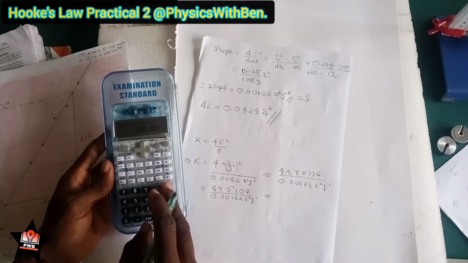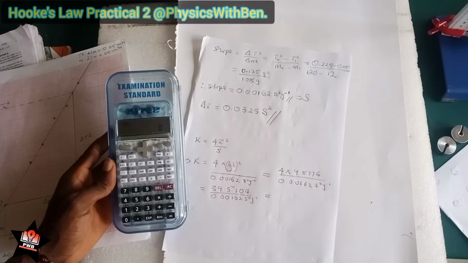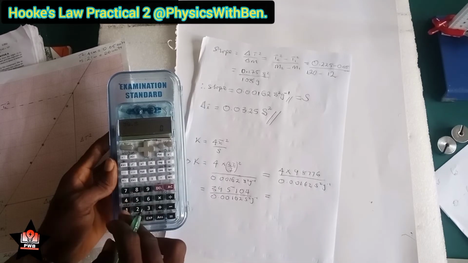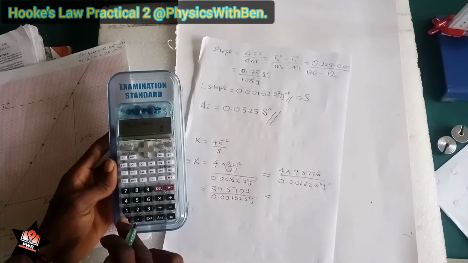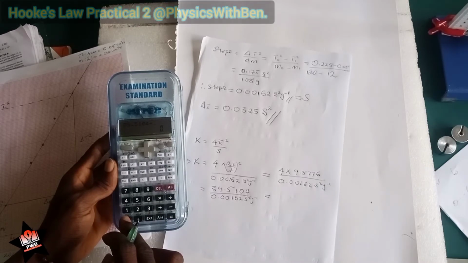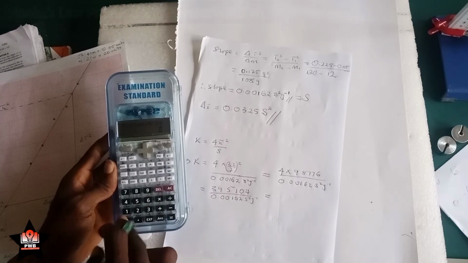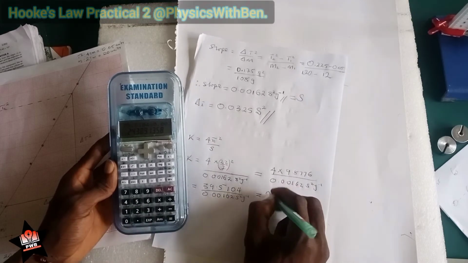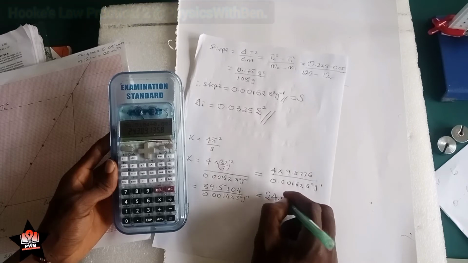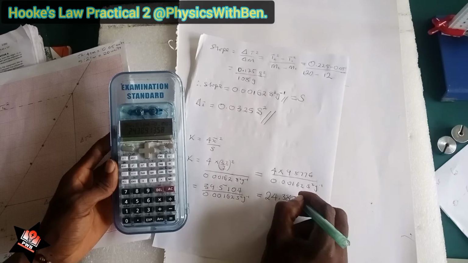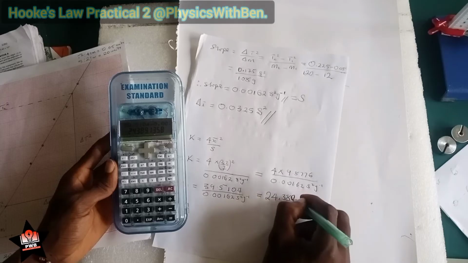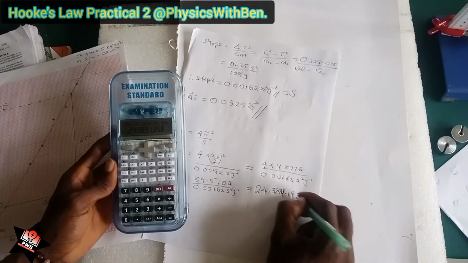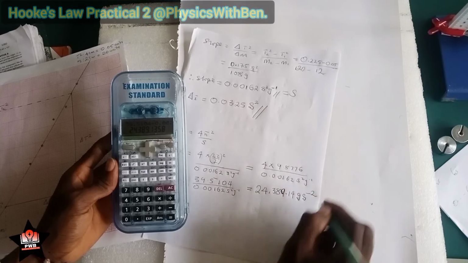We have 24,389.14 gram per second square.